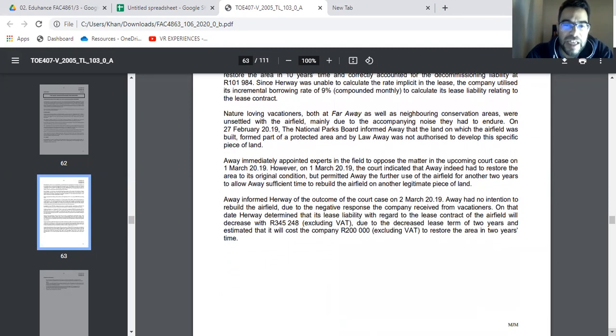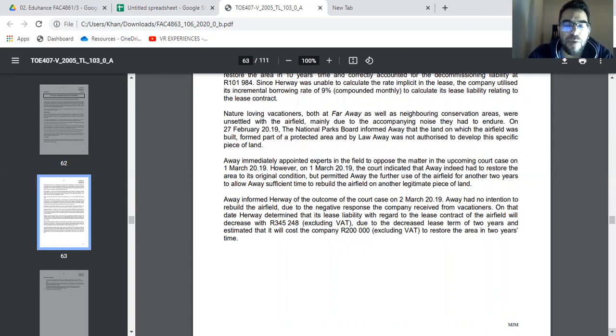Nature-loving vacationers, both at Away as well as neighboring conservation areas, were unsettled with the airfield, mainly due to the accompanying noise they had to endure. On 27 February 2019, the National Parks Board informed Away that the land on which the airfield was built formed part of a protected area, and by law, Away was not authorized to develop this specific piece of land.